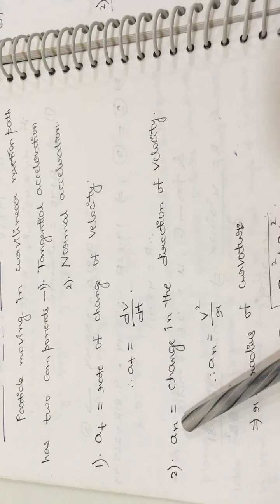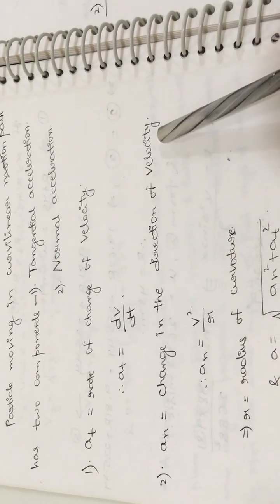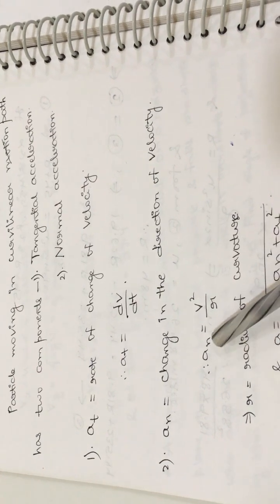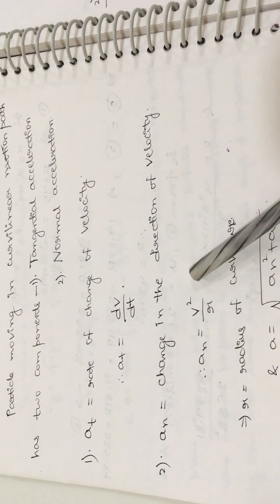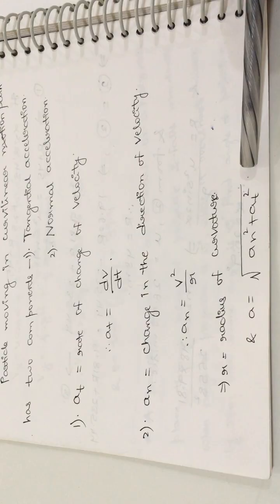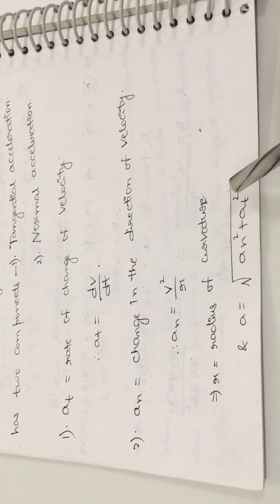Now coming to the second acceleration, normal or radial or centripetal acceleration, the change in the direction of the velocity is nothing but normal acceleration, and it is denoted by a suffix small n, and it is given by v square by r, where r is the radius of curvature of the curvilinear path. From these two components, at and an, we can calculate the total value of the acceleration of that particle, and it is given by square root of an square plus at square.